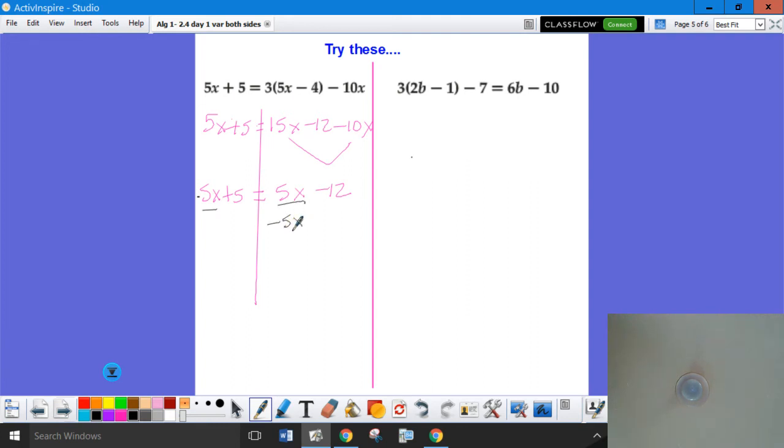So I'm going to subtract 5x. These are gone. What happens right there? All of a sudden, I have a 0x, okay? A 0x. And that is a big flag for me that something is going on. And what I'm left with is a positive 5 equals a negative 12.